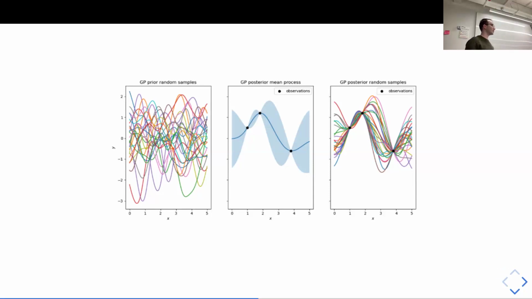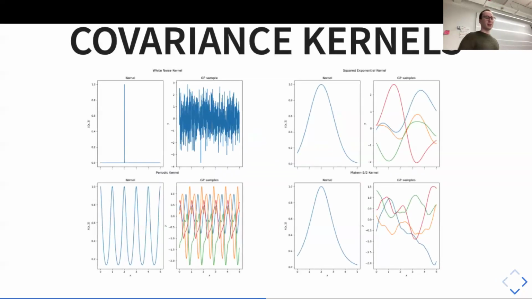Once you've conditioned and plotted the plot in the middle, it can be quite difficult to see some of the structure that might be present in your samples. In this particular case, you can see in some places, especially here, where this line is dipping right down. It's not perhaps obvious that that might happen in this example. It's a good idea to plot some samples and check to make sure you understand the structure of what's going on.